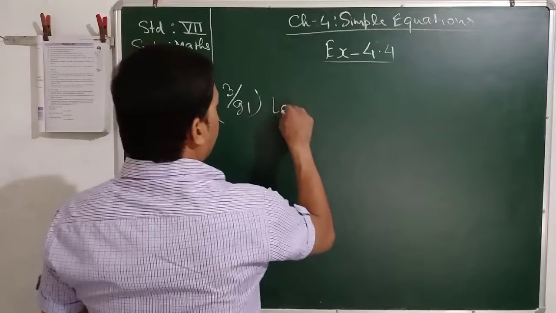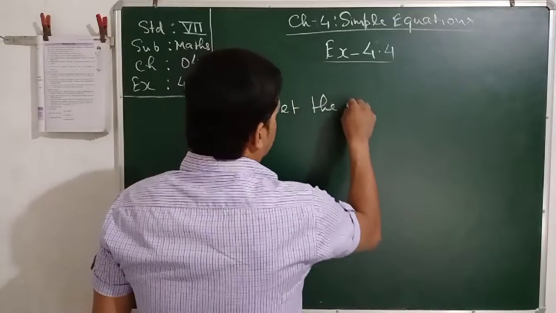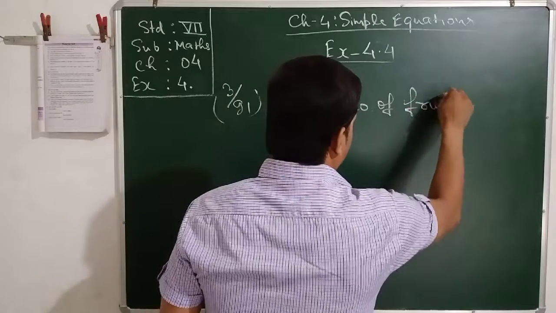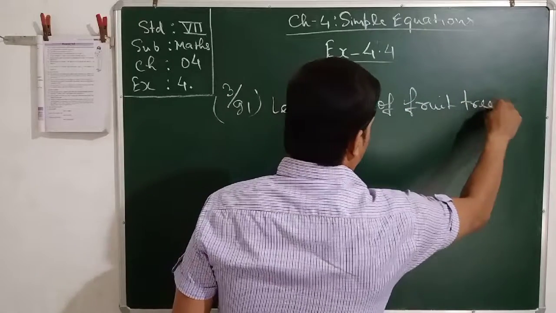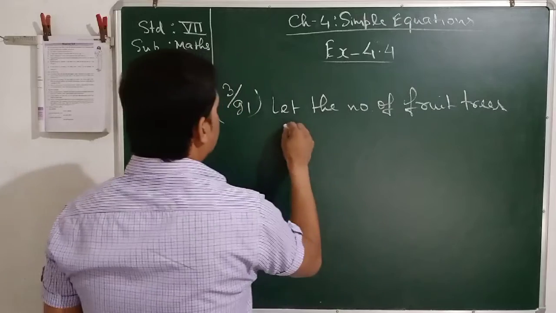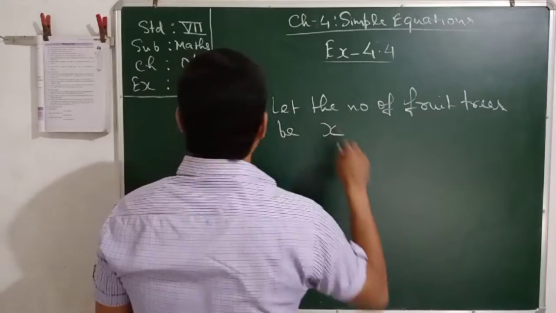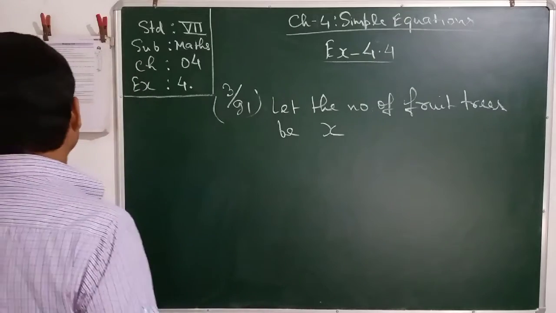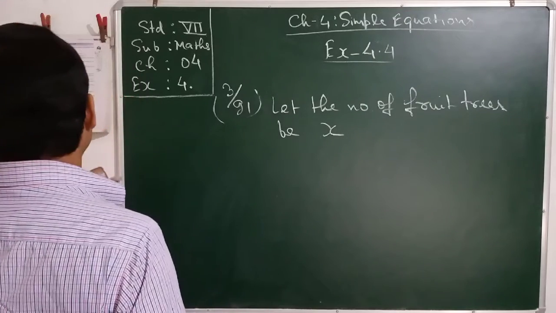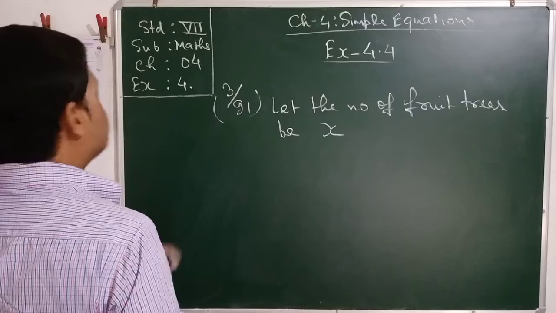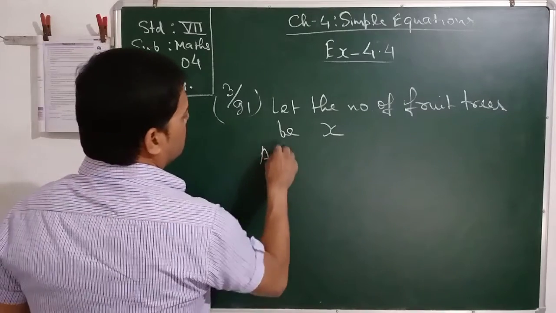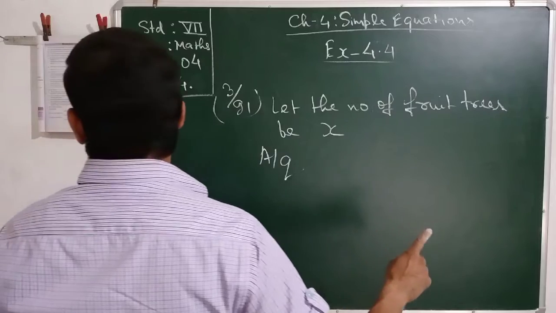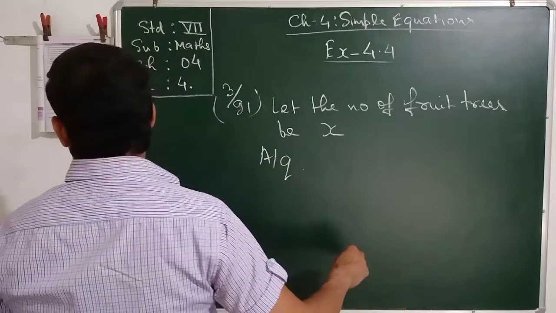So let the number of fruit trees be x. About the non-fruit trees, it has been given that the number of non-fruit trees were 2 more than 3 times the number of fruit trees.